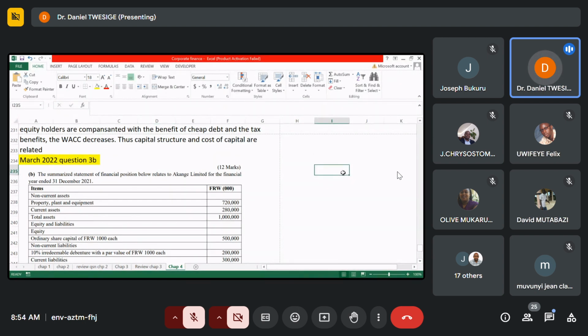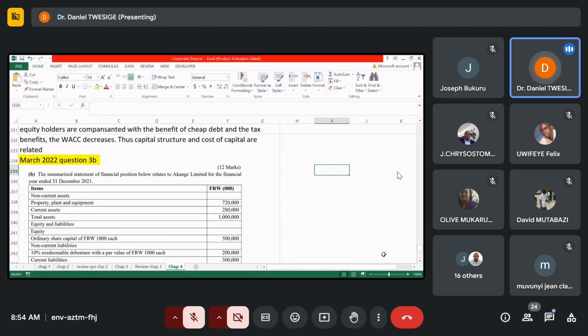So let's go through it. The summarized statement of financial position below relates to Akanji Limited for the financial year ended 31st December 2021.